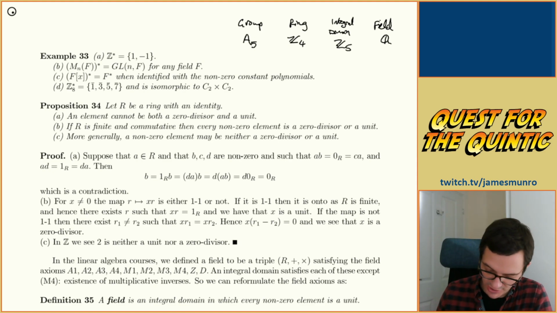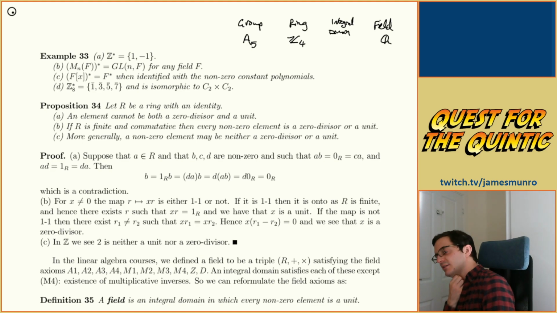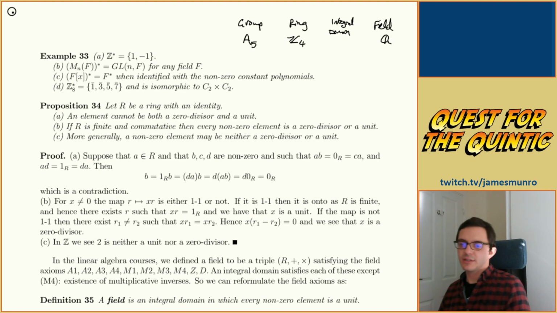Wait, hang on, is F5 actually a field? Yeah, it's actually a field, isn't it? Sorry, what's going to be my example of an integral domain that's not a field?